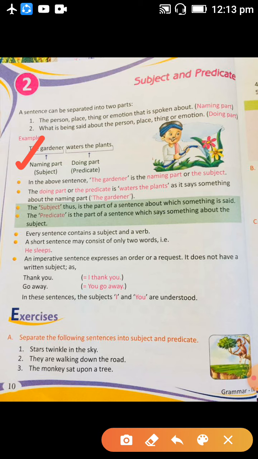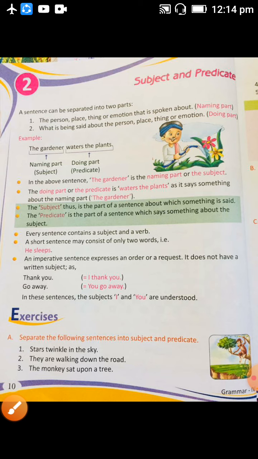The gardener. And what does the gardener do? Waters the plant. So the person, the naming part, is the subject, and the remaining part, the doing part, is the predicate. The gardener is the subject, the naming part, and waters the plant is the predicate, the doing part.